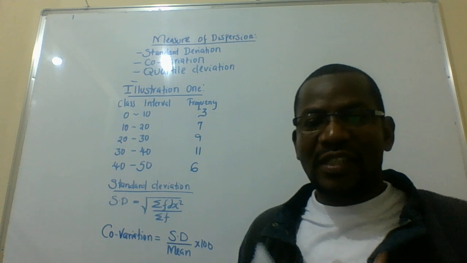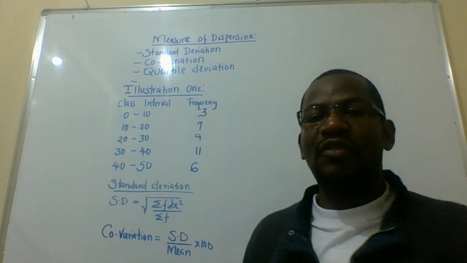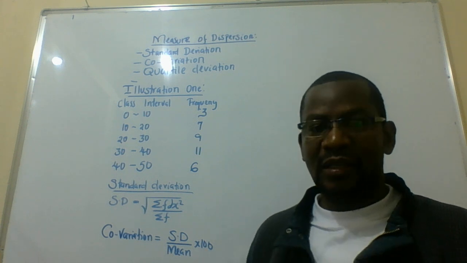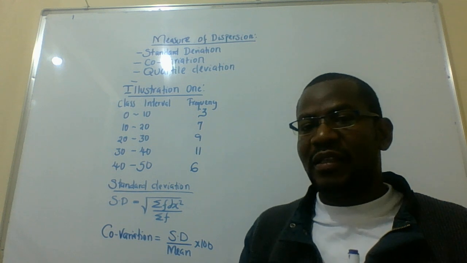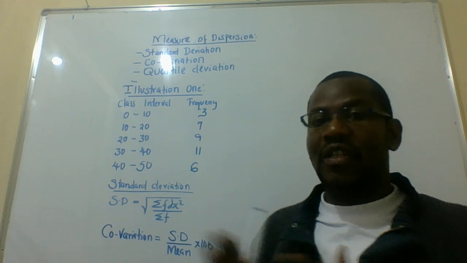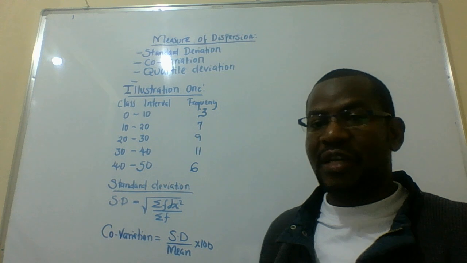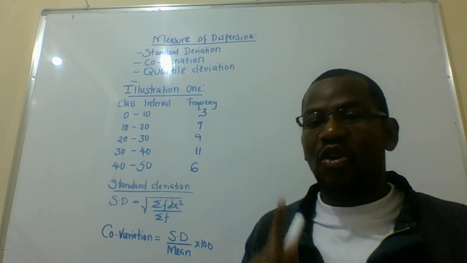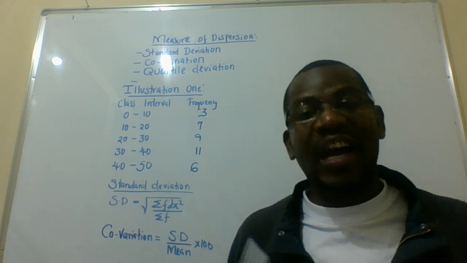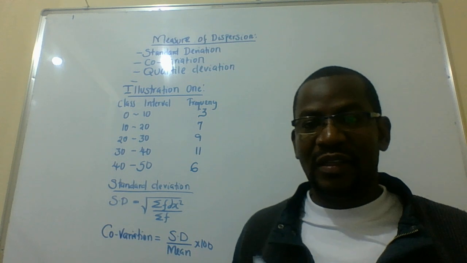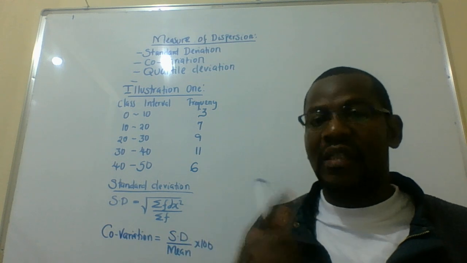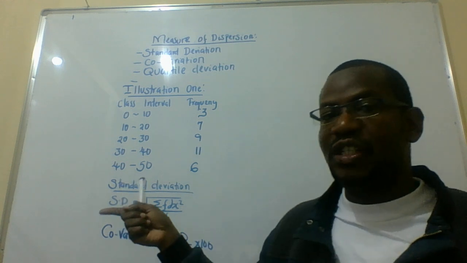So, first, we have to calculate the mean. You can see the measure of central tendency, we can use it here in measure of dispersion, as well as in hypothesis. In the knowledge of hypothesis, we shall need the knowledge of measure of dispersion.